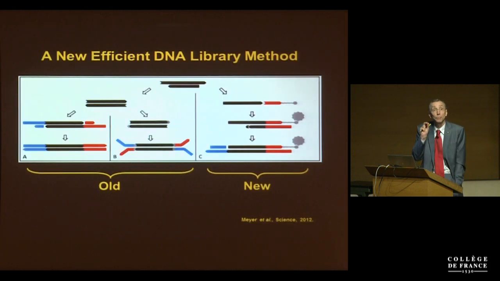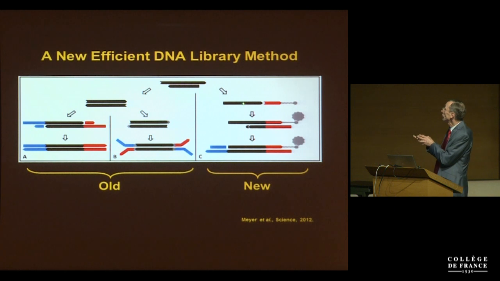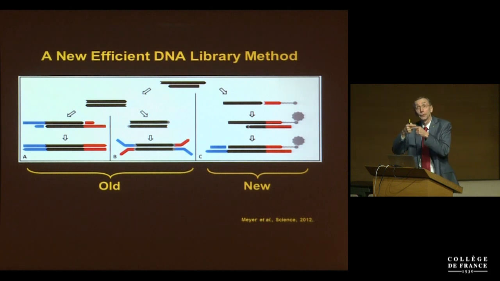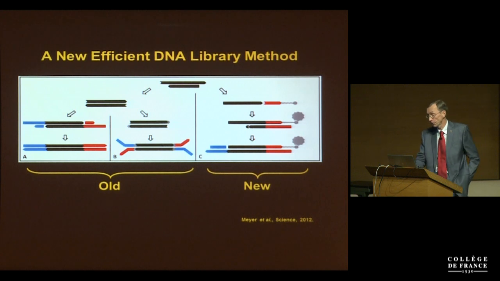And we had then developed much more sensitive techniques to retrieve DNA, that rely on separating the two strands and sequencing them independently. So each double-stranded molecule actually has two chances to end up in our sequencing machines.